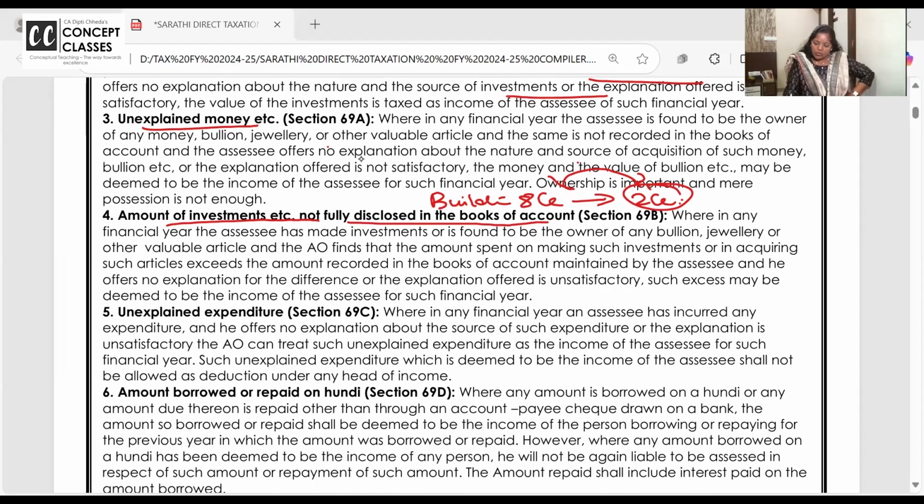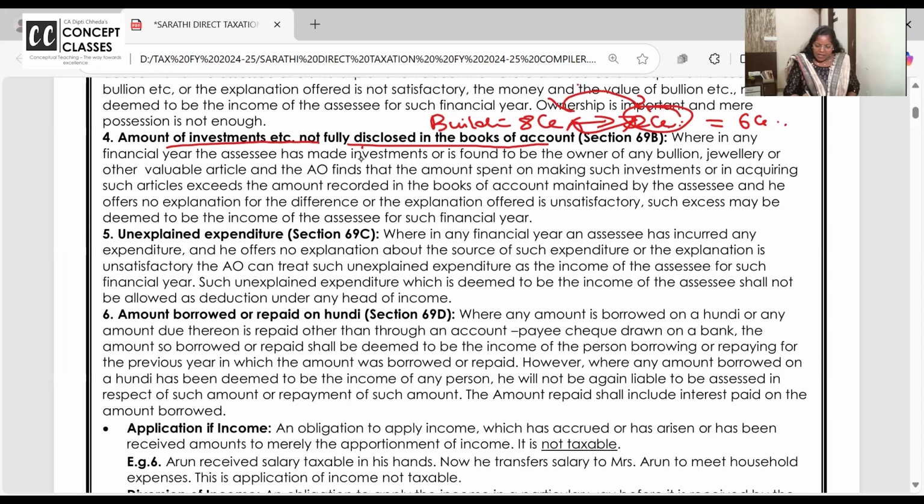So if you are not showing the investment fully, they will call the registered valuers, engineers, architects, jewelry valuers. And if they say that the value of your building is 8 crores, but you have said that you spent 2 crore to make the building, 6 crore is your black money, which you have earned and spent on your building. Unexplained expenditures.